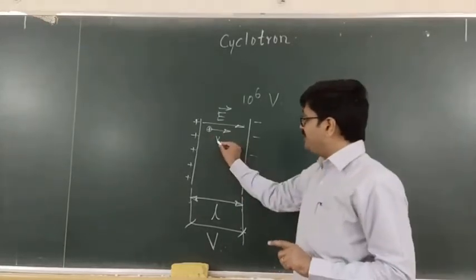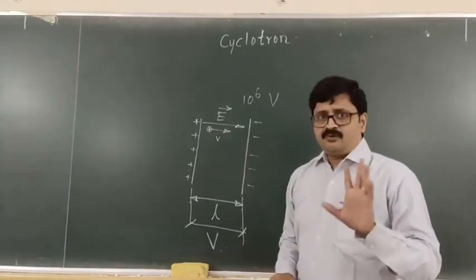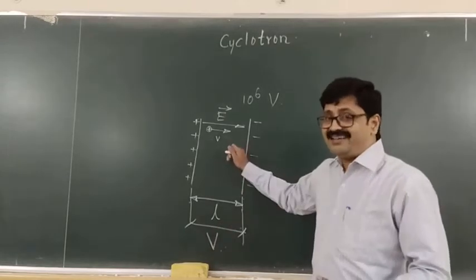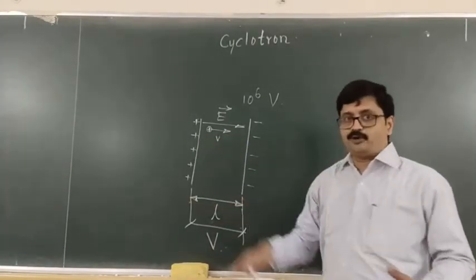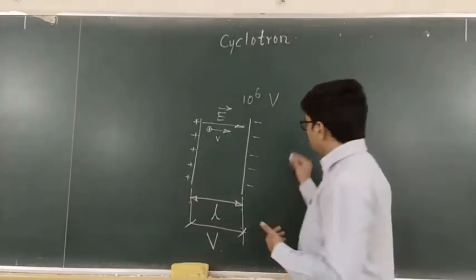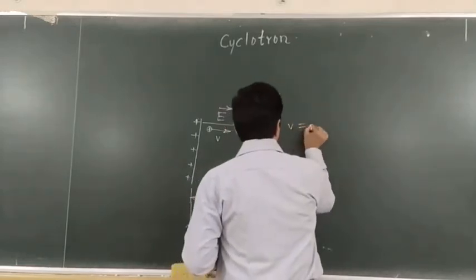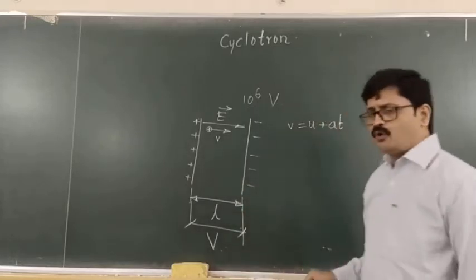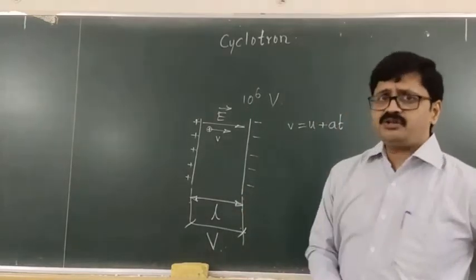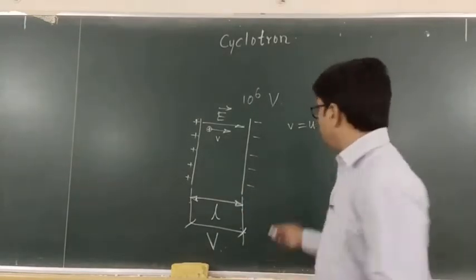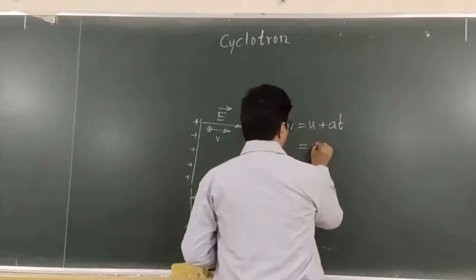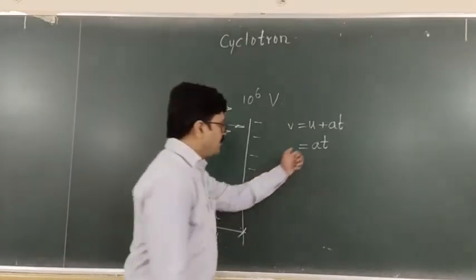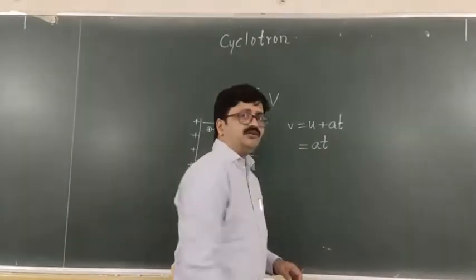To increase the speed, let us apply Newton's laws of motion. We know that v is equal to u plus at, and here let us suppose the initial velocity is 0. Then v is equal to at. What is the value of acceleration?